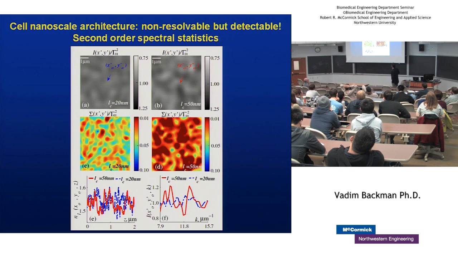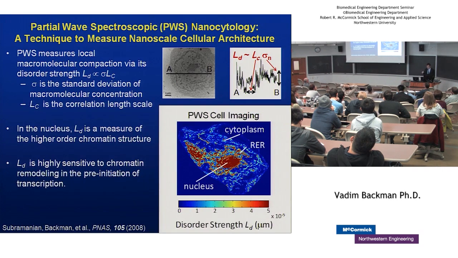This is the spectrum from the 20 nanometer correlation. The red is the spectrum of the 50 nanometer correlation. So by looking at the spectrum from each and every pixel in a cell, you can actually learn about the macromolecular compaction. And this is the end result that you get. The parameter you can measure, we call disorder strength.